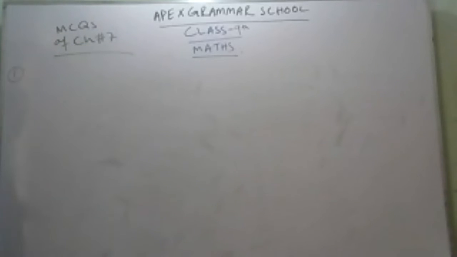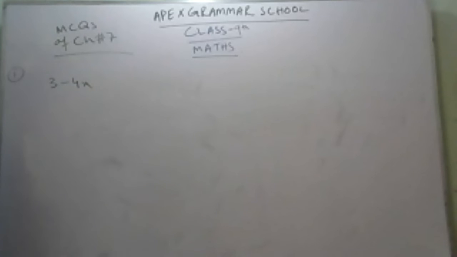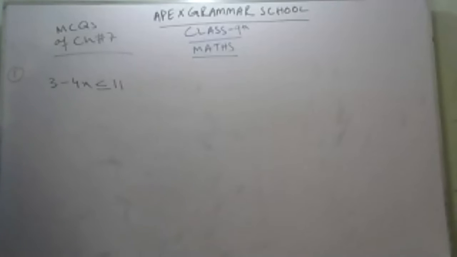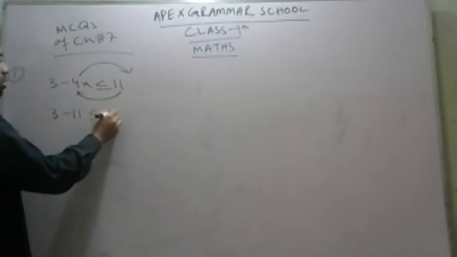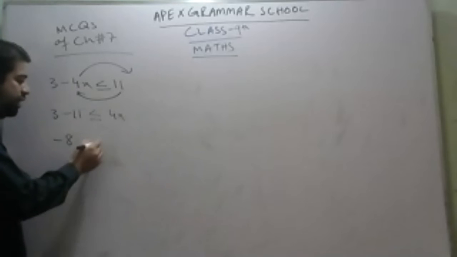The first part is: which of the following is the solution of the inequality 3 minus 4x less than or equal to 11? You need to find the proper solution set of it. First, you need to make this x with positive sign, so shift there, and 11 is here. 3 minus 11 less than or equal to positive 4x. 3 minus 11 answer is minus 8 less than or equal to 4x.